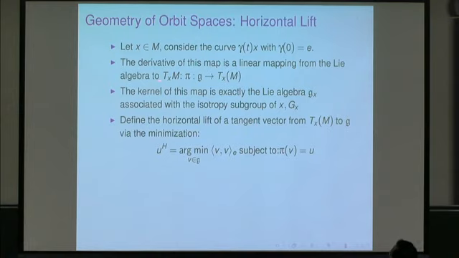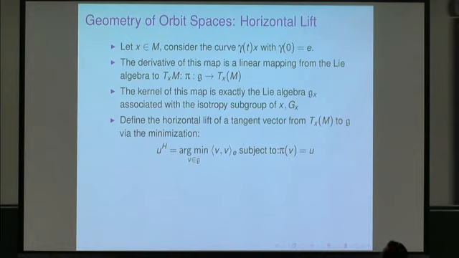If we consider a curve on the manifold, since it's transitive we can define it as a curve on the group that starts at the identity. And so if you want to look at little tangents, you can define a linear mapping from the Lie algebra to the tangent space at each point, given simply by the derivative of such a curve, where this curve is actually a curve sitting at the identity on the group.